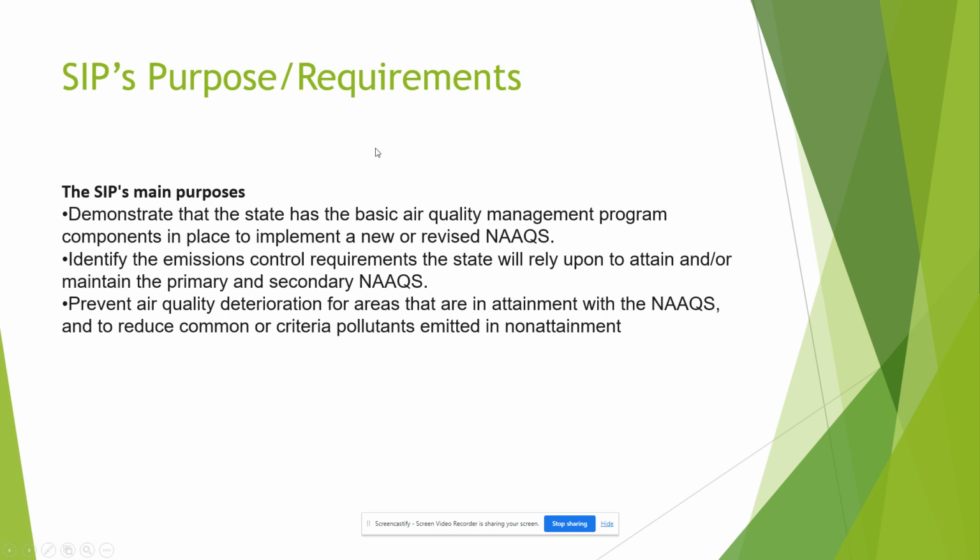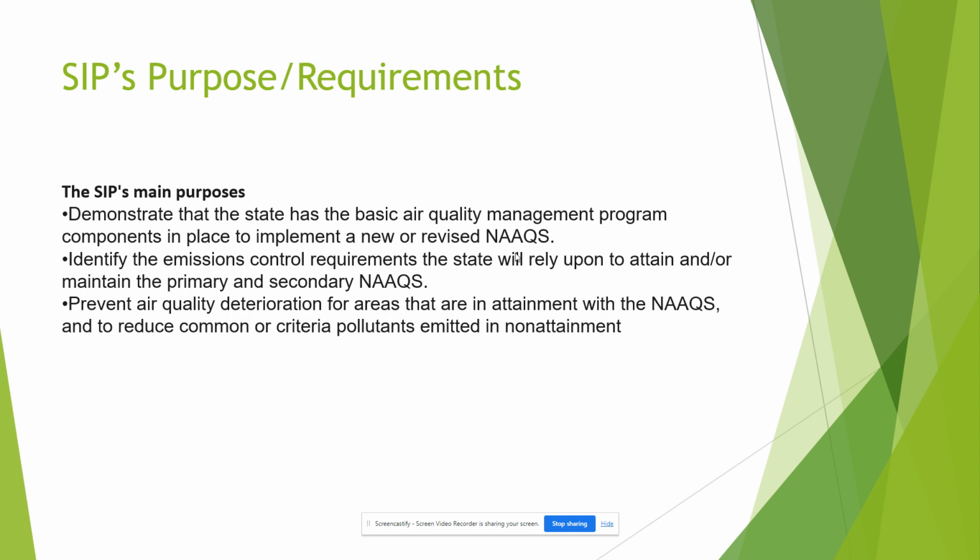Okay, so what is the purpose of these requirements? They have to demonstrate that they have this air quality management in place. They have all their components in place to meet or do better than the NAAQs. They identify what requirements the state will use. What are they going to do to attain or maintain the NAAQs?